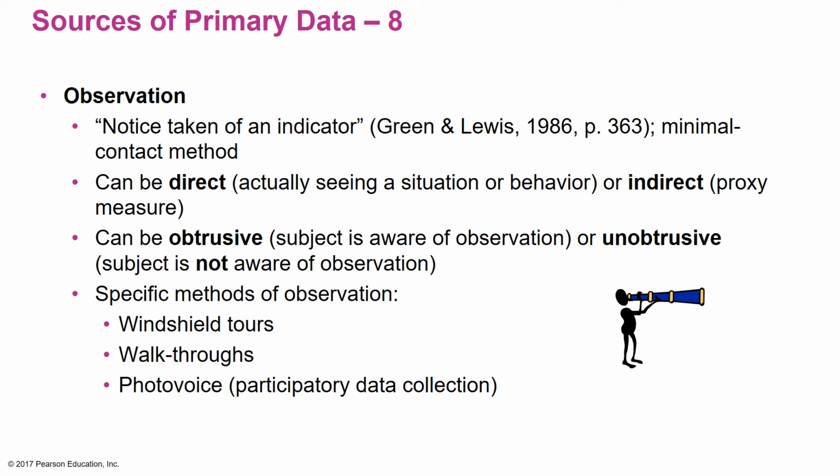Naturally in the population. It can be direct, actually seeing a situation or behavior, so you're physically observing these things happen, or indirect. So maybe you're trying to see if there are some relationships that exist within a group of people, without asking a question.